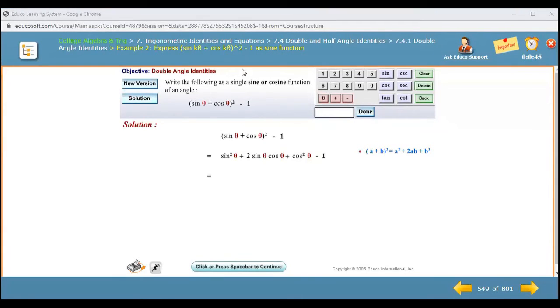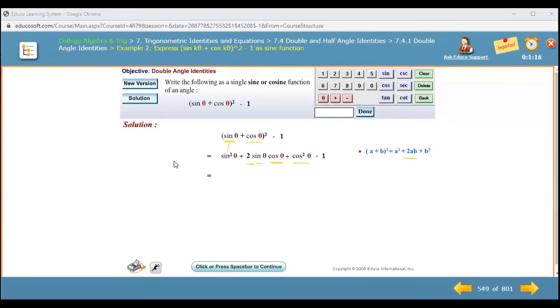Now this becomes sine squared theta, okay, this is A, this is B. We solve it like that. A squared, then 2AB. We are using a formula, 2 times A times B plus B squared, and it was -1.